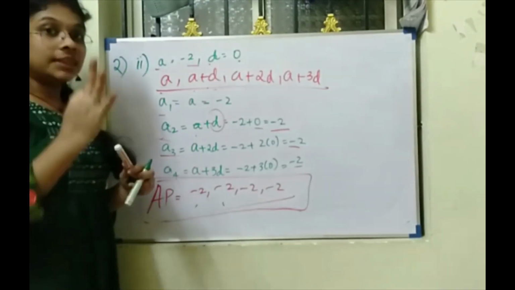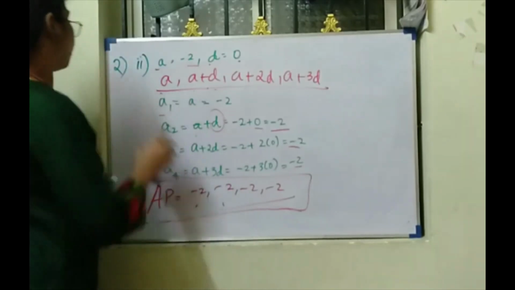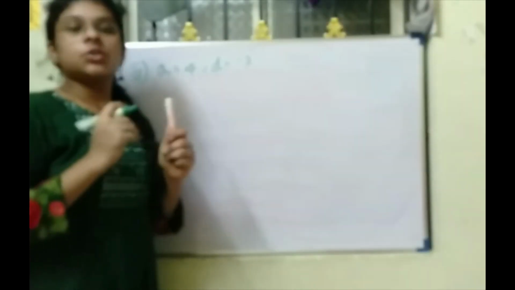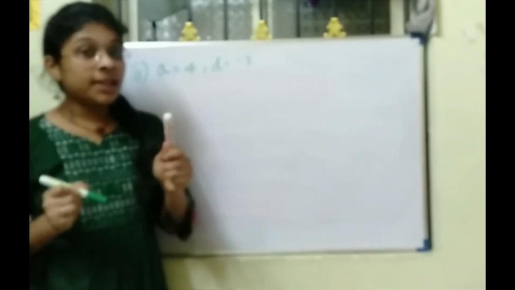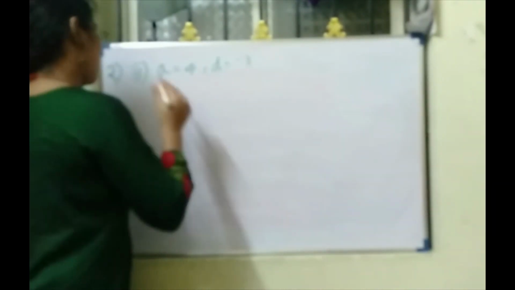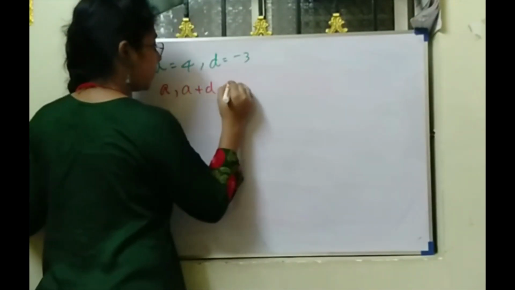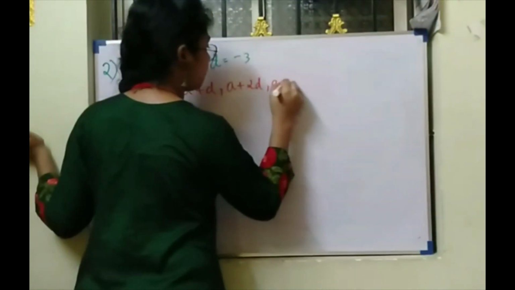So now let's move on to the third part of the second question. Again, what is the general form of an AP? Yes, you're right. A, A plus D, A plus 2D, A plus 3D.